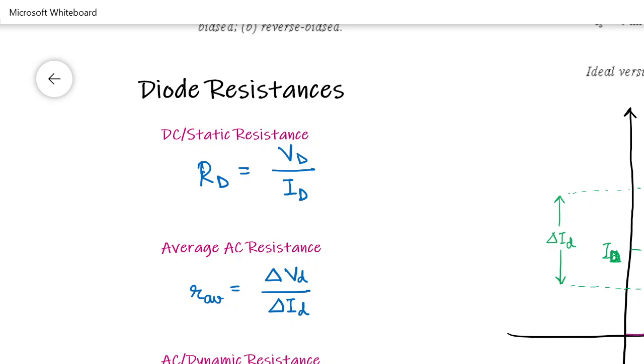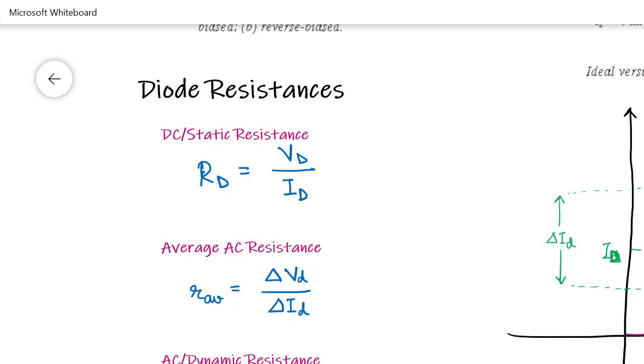Then the average AC resistance. Suppose we have a range of voltage, a change in the voltage applied across the diode, which is delta Vd. About the operating point, we have a change in the bias voltage.